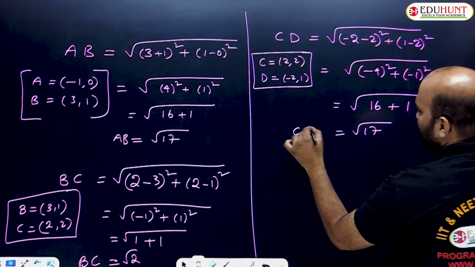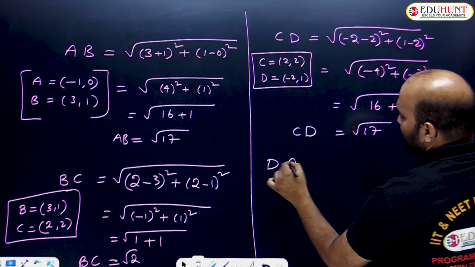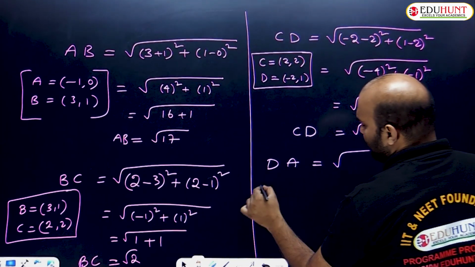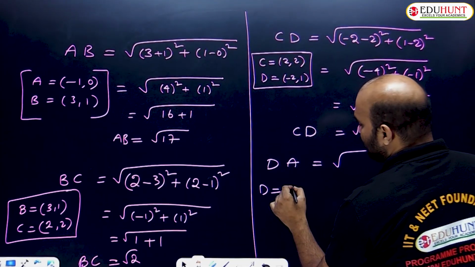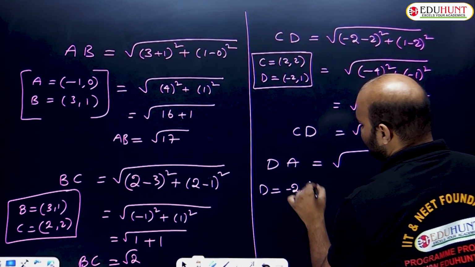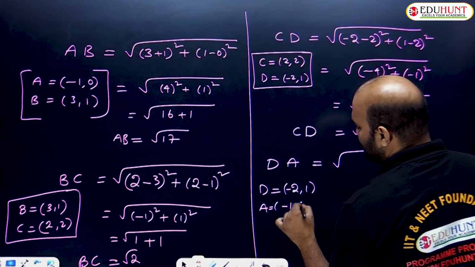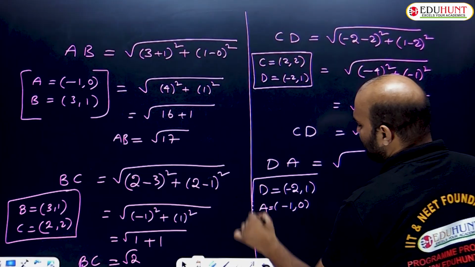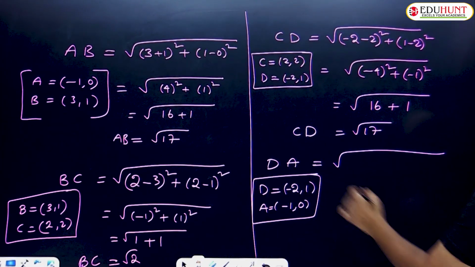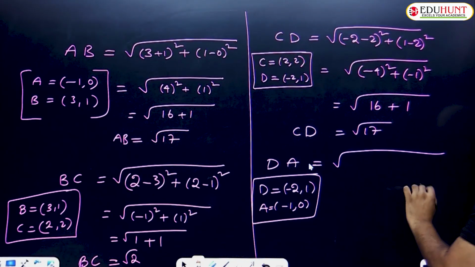CD value is root 17. Again, we have to find the DA distance by using the D coordinates and A coordinates. The D coordinates are -2, 1 and the A coordinates are -1, 0. So how do we find the distance between DA? By using the formula root over x2 minus x1 whole square plus y2 minus y1 whole square.